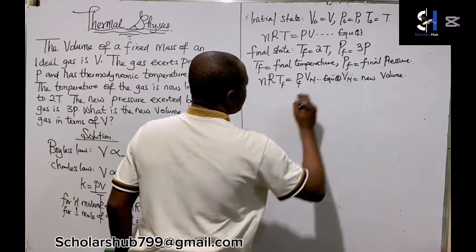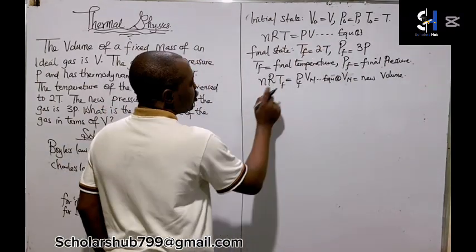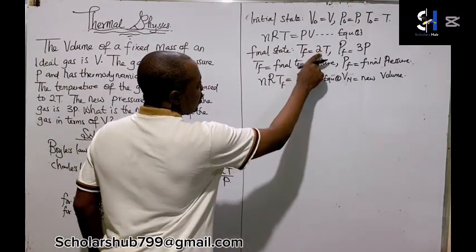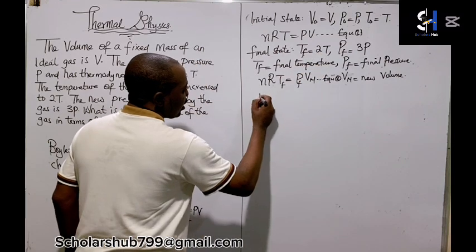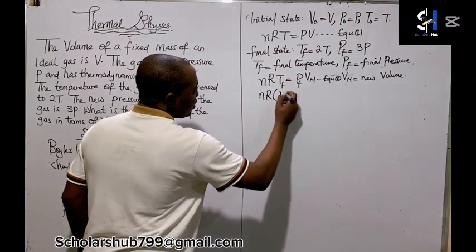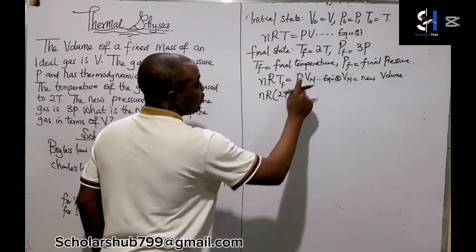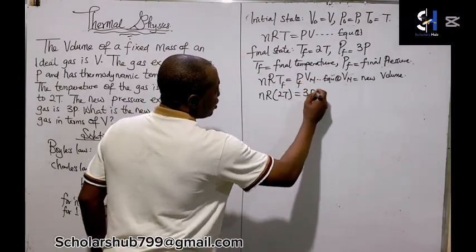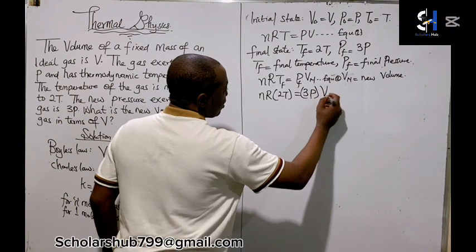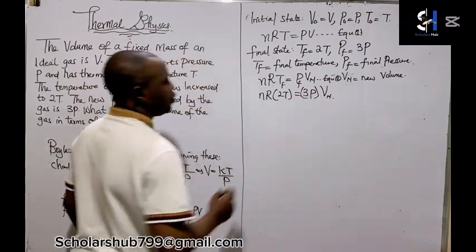This is equation 2. We represent the final temperature with 2T, so we have nR multiplied by 2T equals PF, the final pressure, which is 3P, multiplied by the new volume.